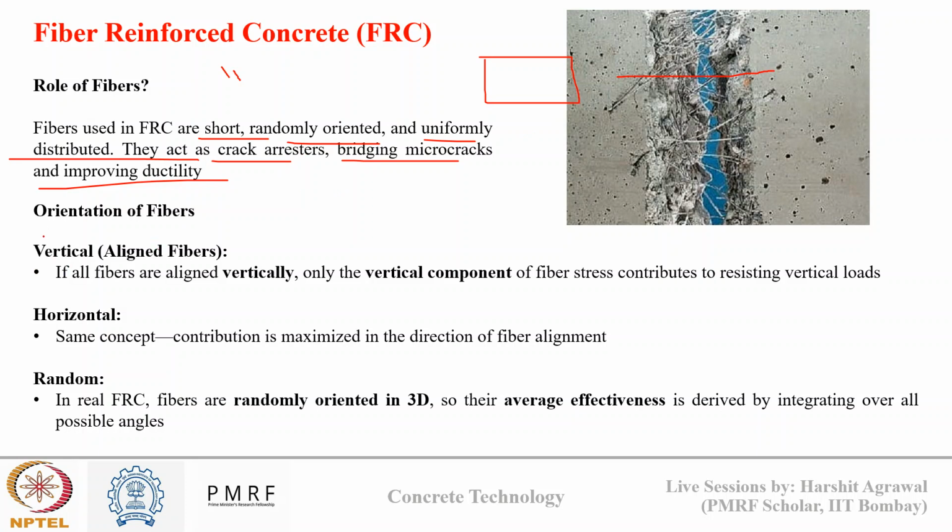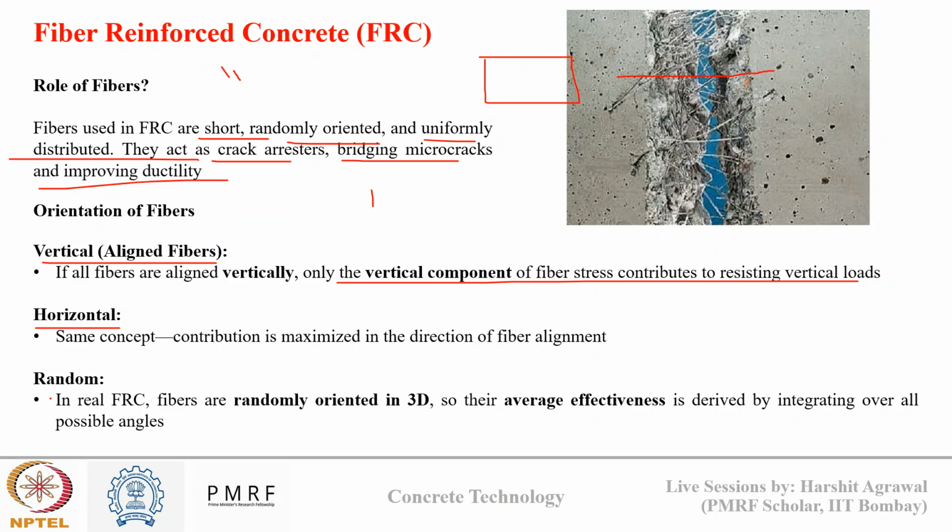Now, it is not just about the fiber material, but the orientation of fiber is also important. There are vertical fibers. If all the fibers are aligned vertically, then only the vertical component of fiber will contribute to load resistance. Then with horizontal fibers, again only the horizontal component of fiber will contribute in that direction. And there is random fiber.